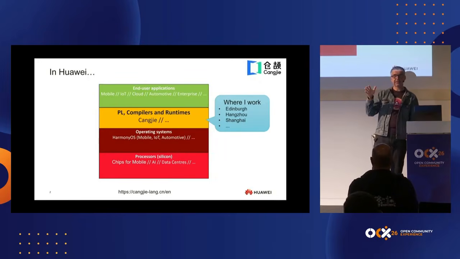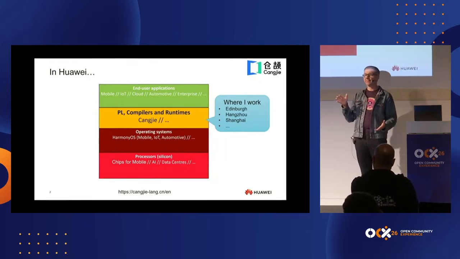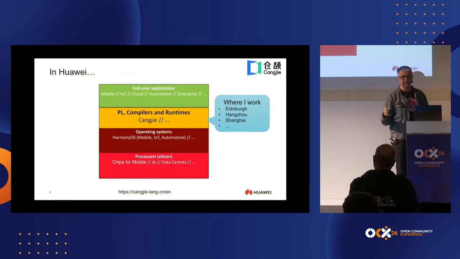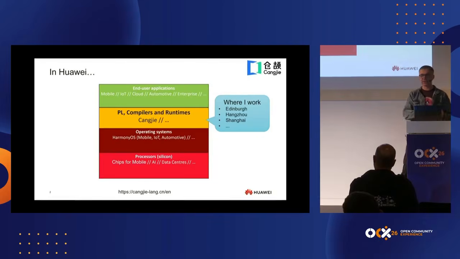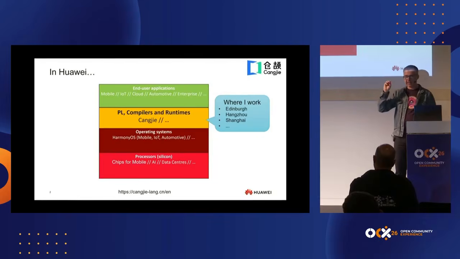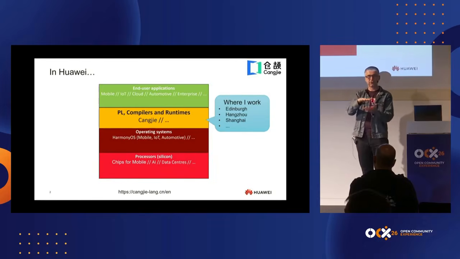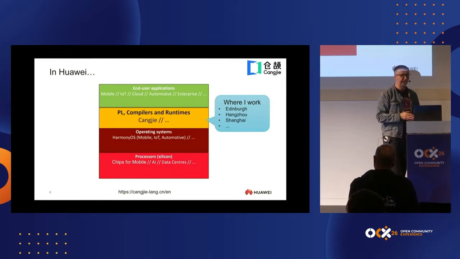Huawei, like Apple, is a very vertically integrated company that makes everything from silicon all the way to consumer apps. And the latest addition to this full stack was an application-level programming language.